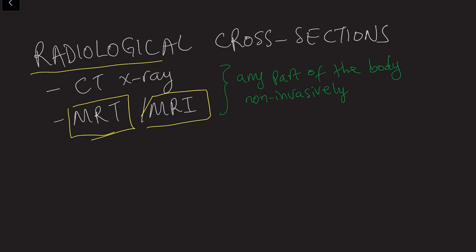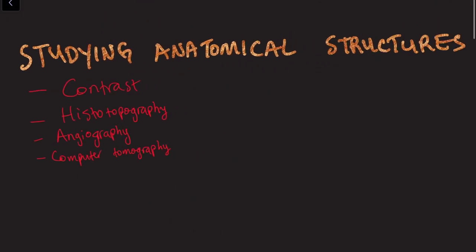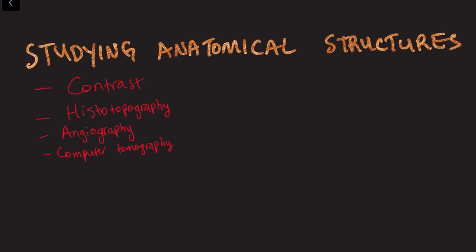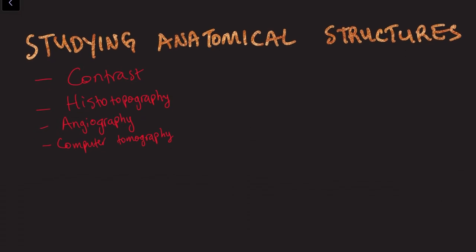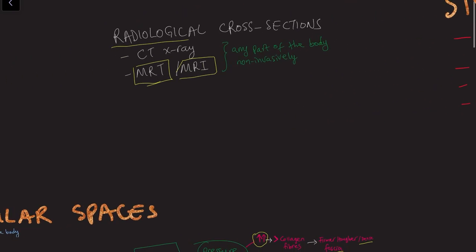So you are able to see the deeper aspects of the body without actually having to cut open the patient. How cool is that? Other methods that allow us to study anatomical structures are contrast injected into the blood vessels, into the veins, histotopography, angiography, as well as computer tomography.